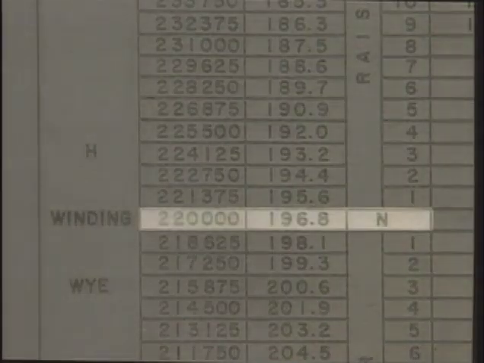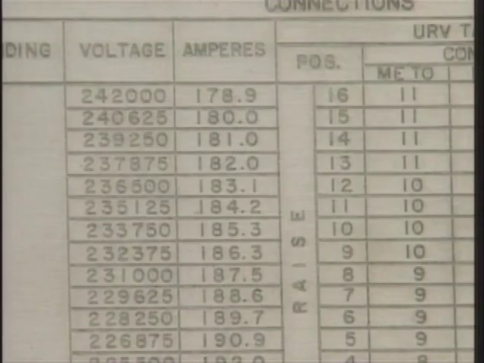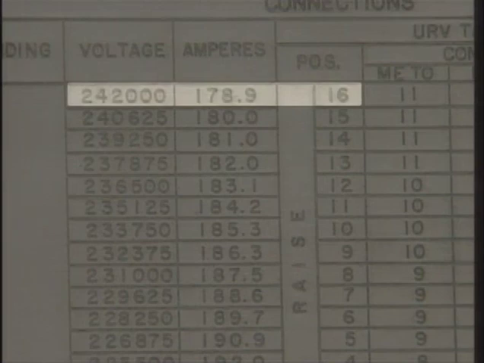For example, the voltage on the high voltage winding with the tap changer at the neutral tap setting is 220,000 volts. This is the high voltage figure that's used in the turns ratio formula for calculating the turns ratio at the neutral tap position. At the full raise tap setting, the high voltage figure that would be used in the formula is 242,000 volts.